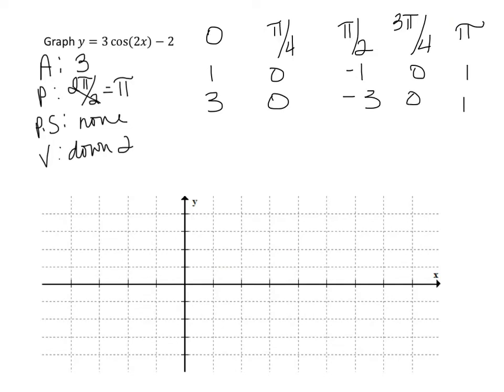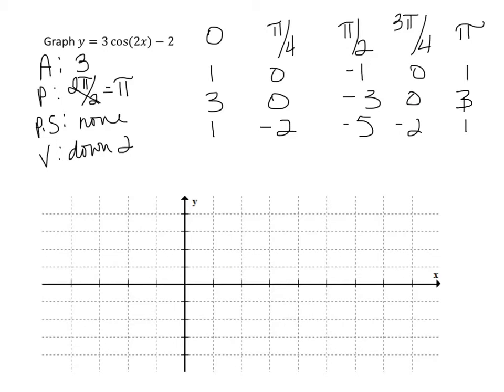Then I apply my vertical shift, which means I subtract 2 from each one of these values. 3 minus 2 is 1, 0 minus 2 is negative 2, negative 3 minus 2 is negative 5, 0 minus 2 is negative 2, 3 minus 2 is positive 1.